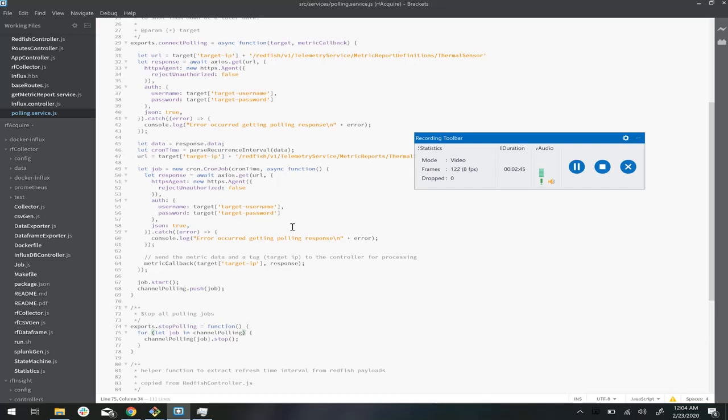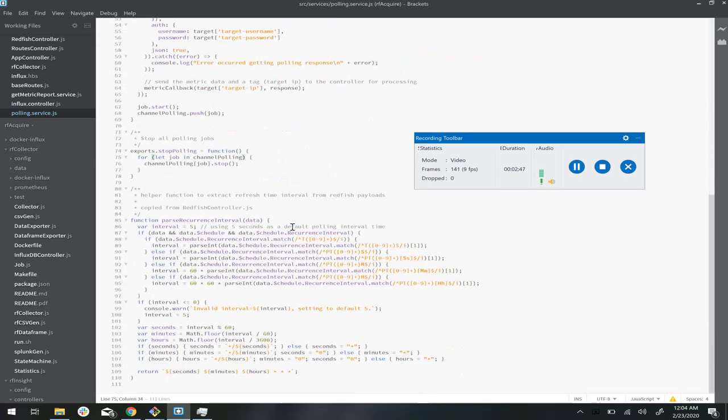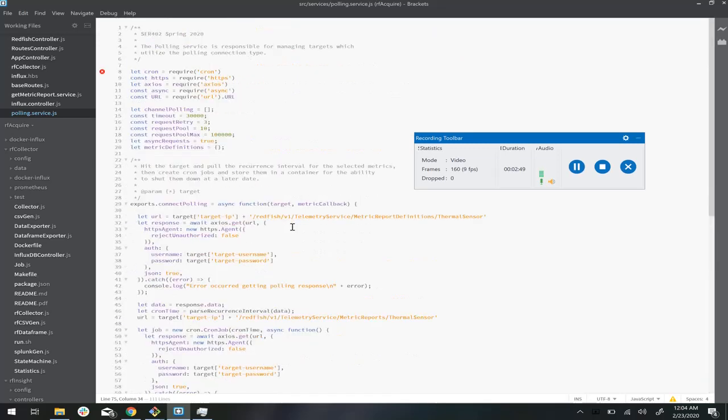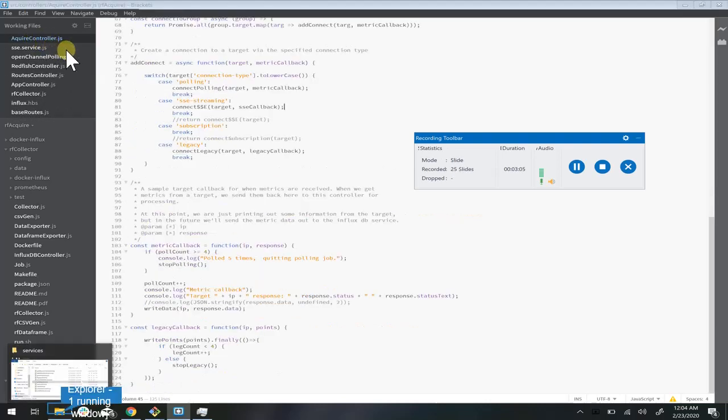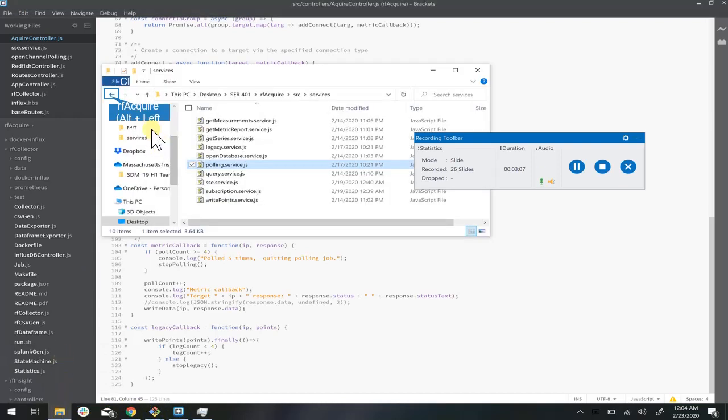So all of the working code is external of the controller, so it's easier to reuse code throughout our software architecture. And then the other half of the group has been working on the analysis engine portion of our project.